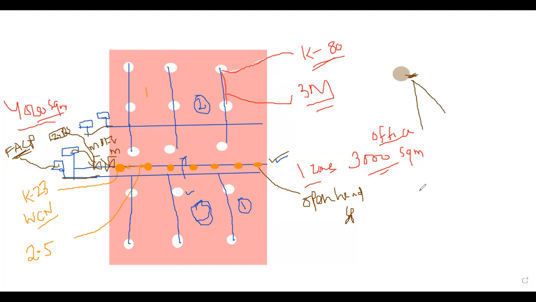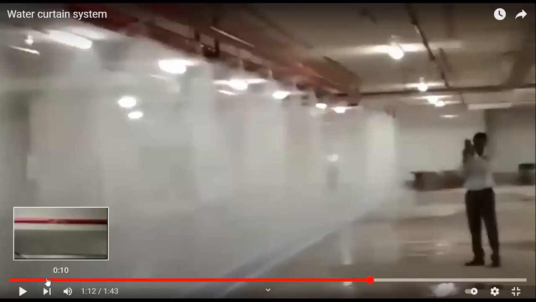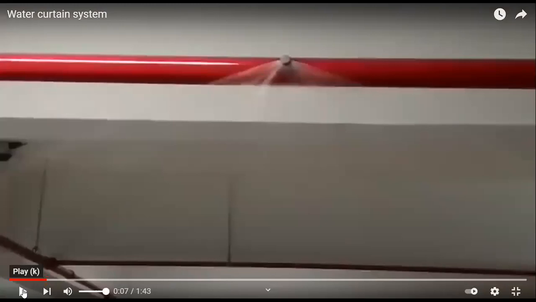If you see the front view, this is the pipe. On the pipe itself it will be fixed, not upright or pendant, on the pipe itself. So there is a frame like this. You saw in the image, the video. Yeah, I saw that, that's why I have doubt. Like this.